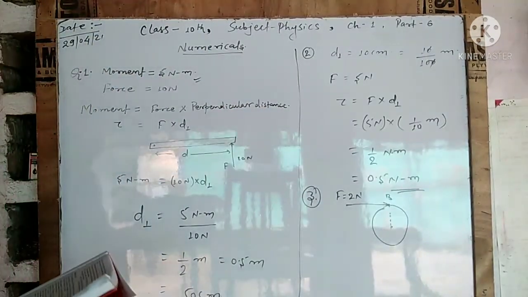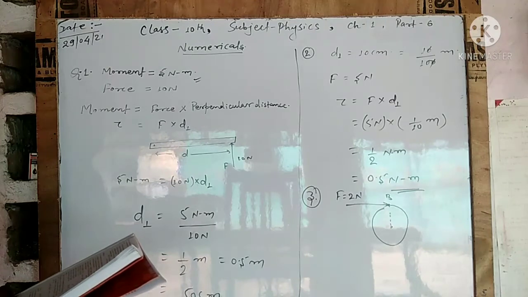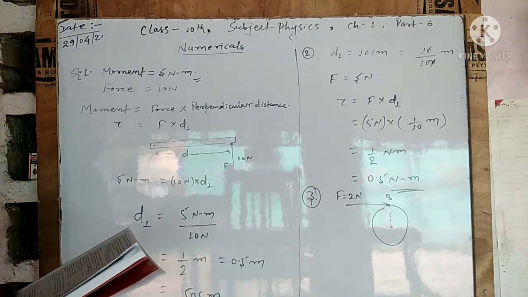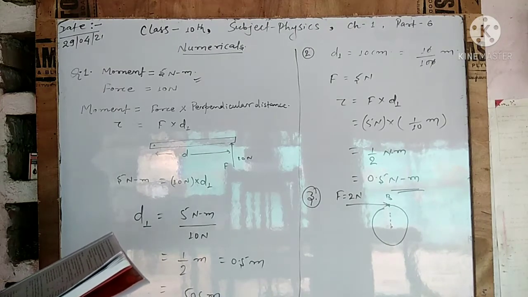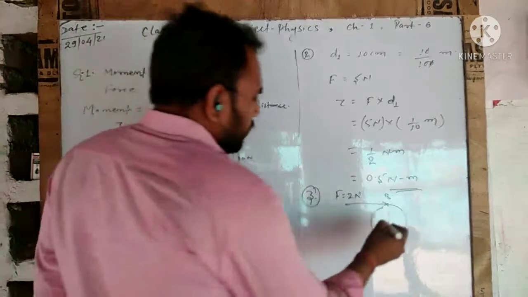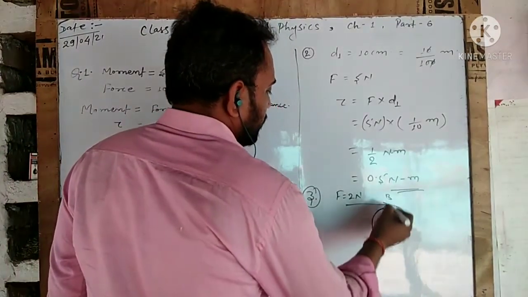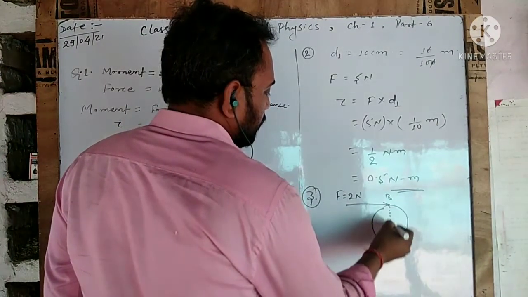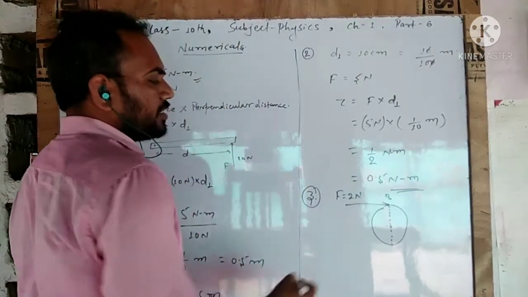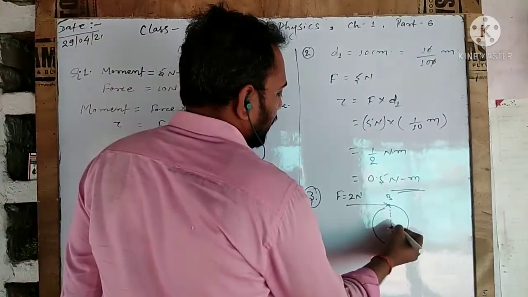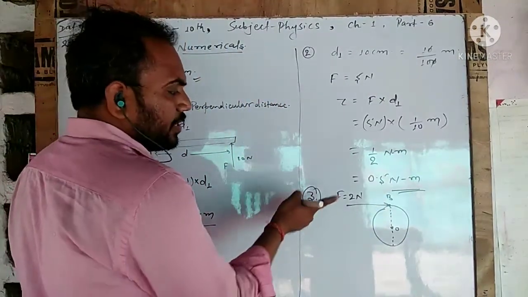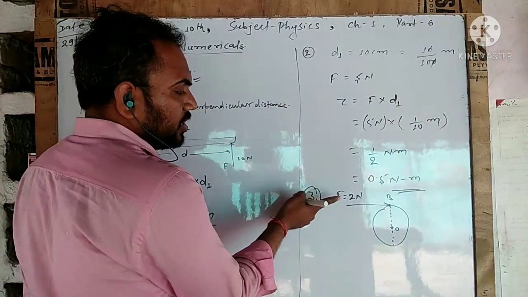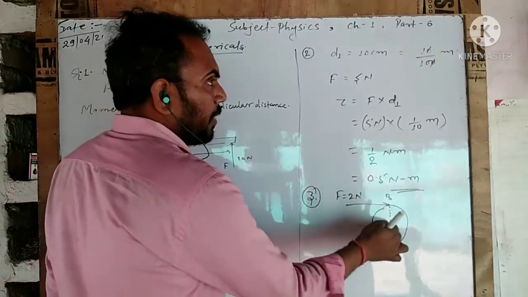The force is applied at B in the direction shown in the figure. Calculate the moment of force about the center. The diameter of the wheel is given; it means this whole length. The radius gives the perpendicular distance between the force and the pivoted point.